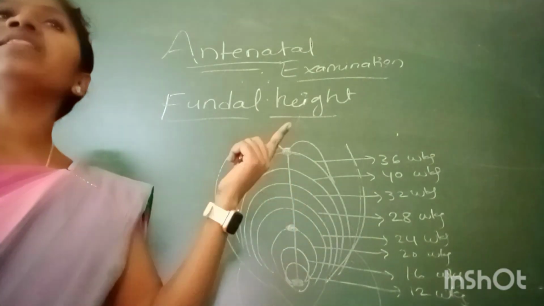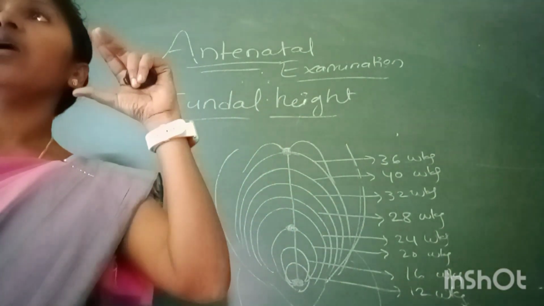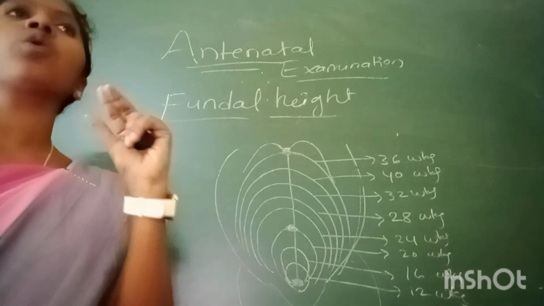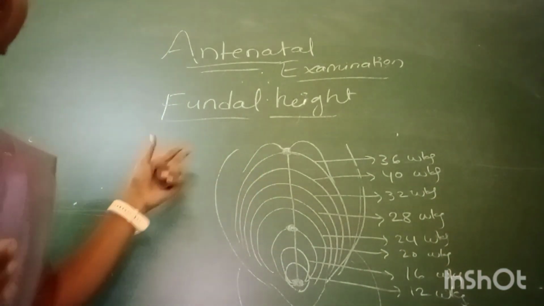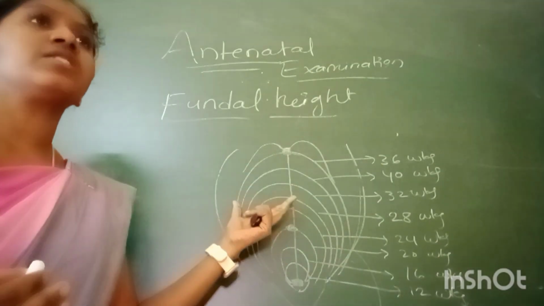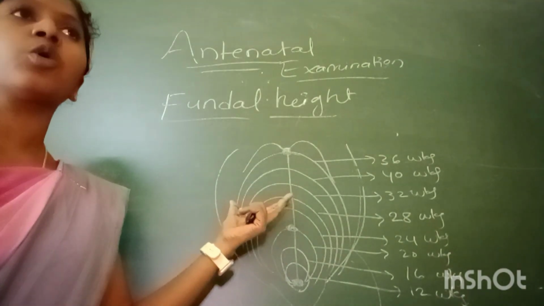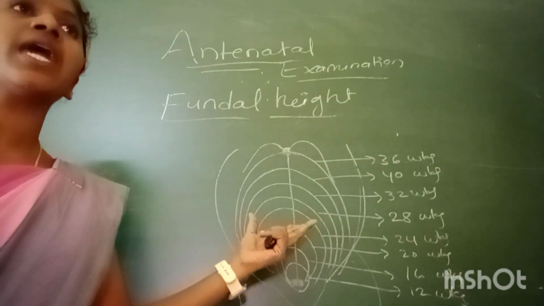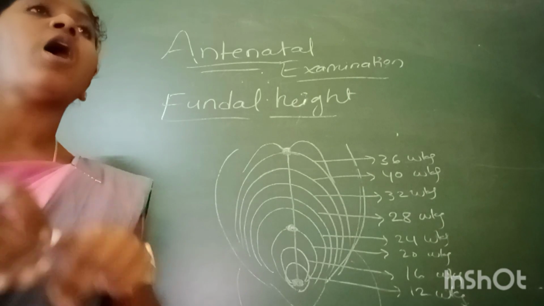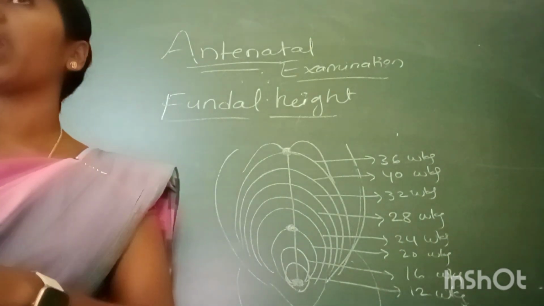That means whether the baby inside the uterus is growing or not. If the uterus is not growing according to the gestational age, it is indicating that the baby inside the uterus is not growing properly.